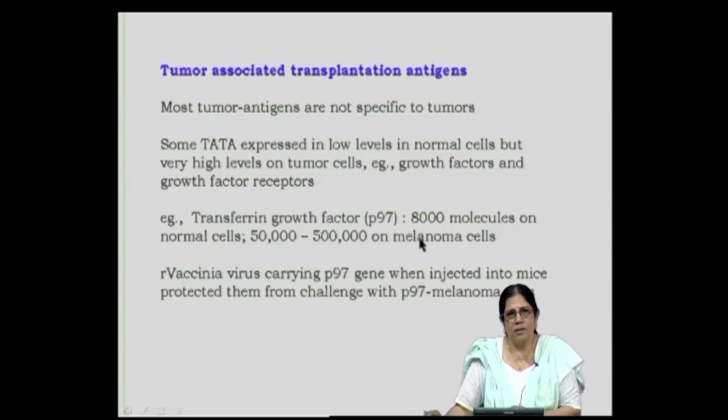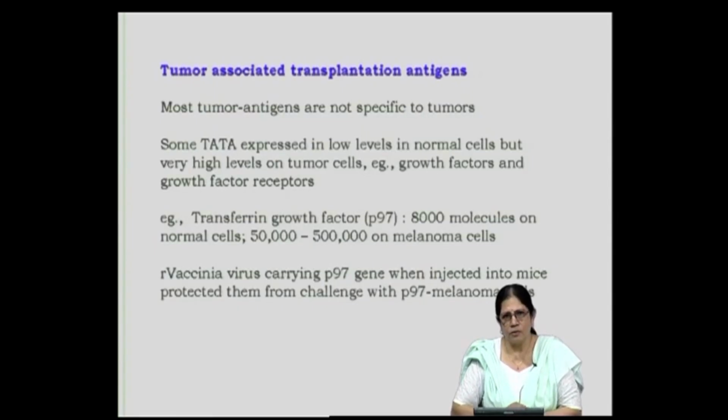Now, why do cancer cells express these growth factors? Take the example of the transferrin receptor. It picks up iron, and therefore an increase in the number of receptors would make such cells very efficient in sequestering iron.